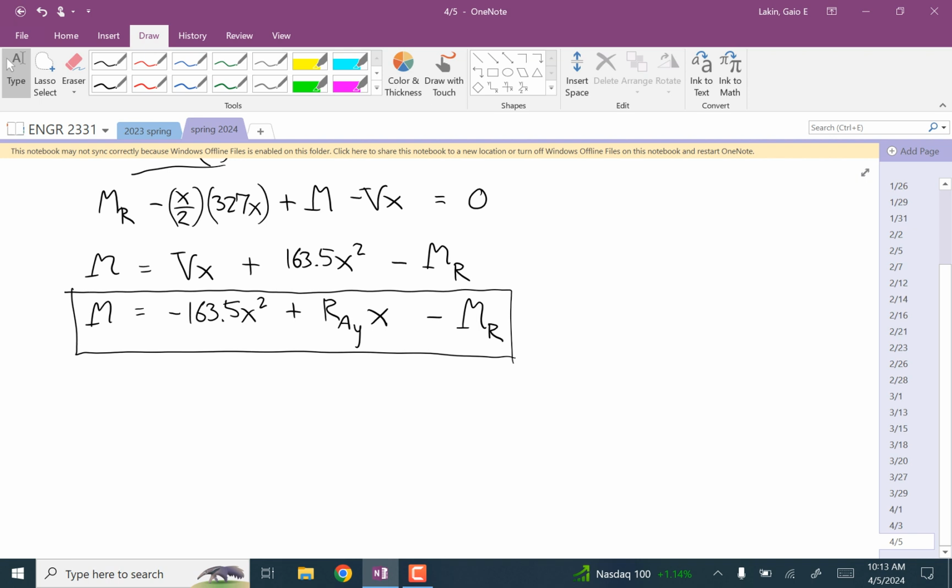So you can think of V double prime, let's say times EI, is equal to the bending moment.